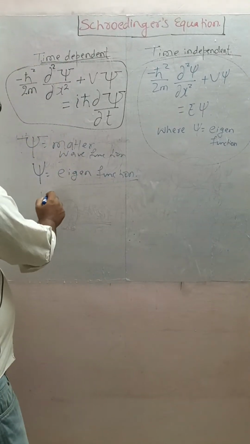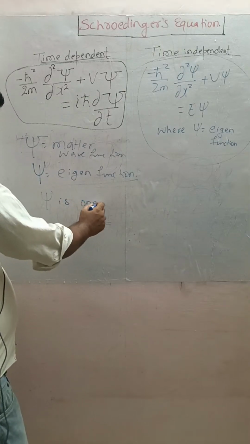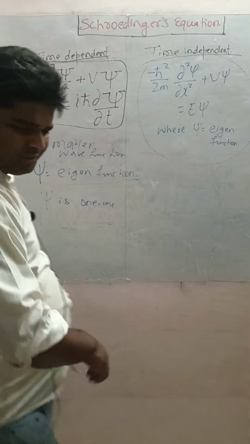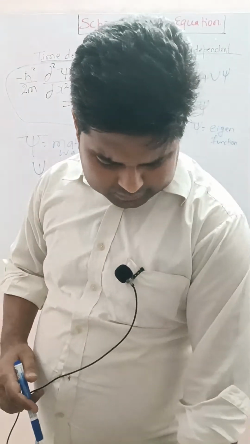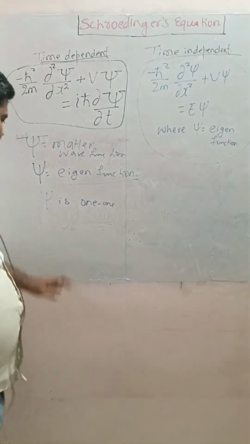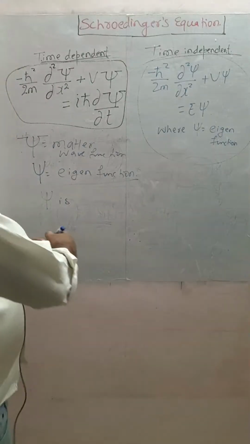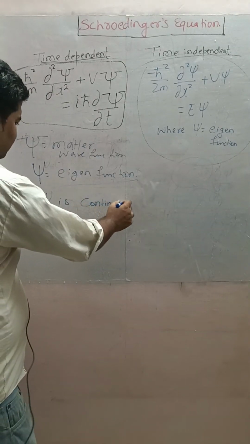That is, this is continuous. Let me check from my works. What is the meaning of continuous?